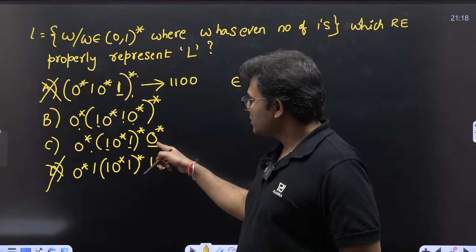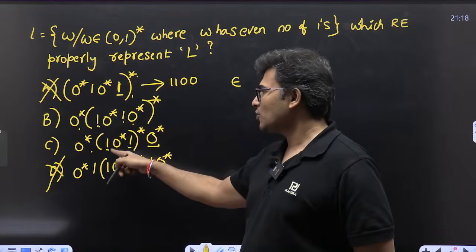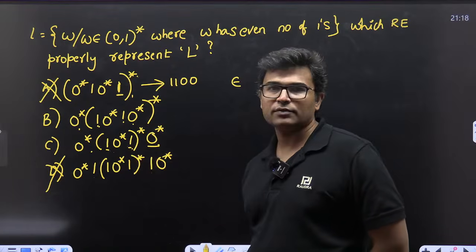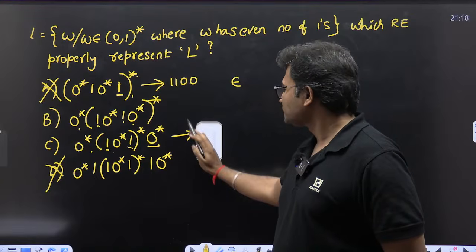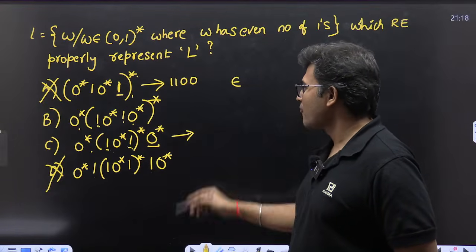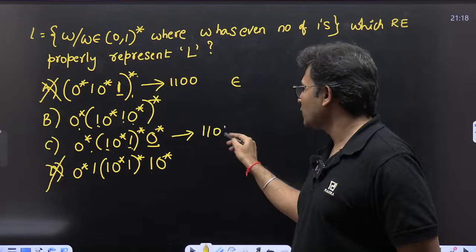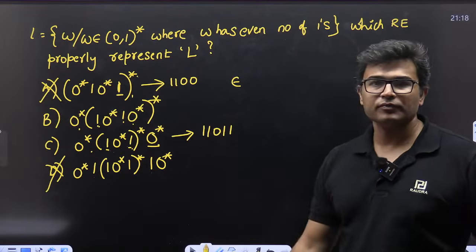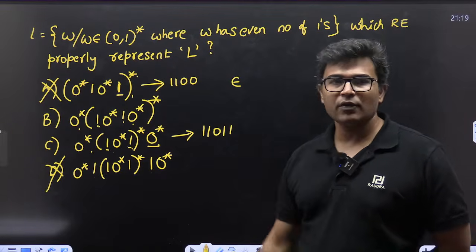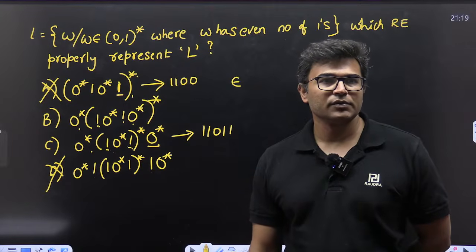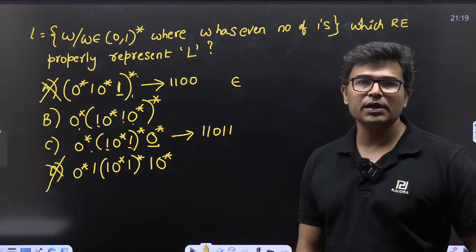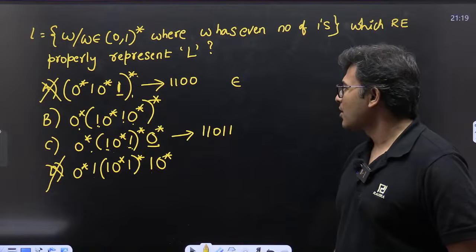Now after I generate any number of zeros, I cannot again come back and generate 1, 1. For example, it cannot generate, let us say 1, 1, 0, 1, 1. 1, 1, 0, 1, 1 cannot be generated.